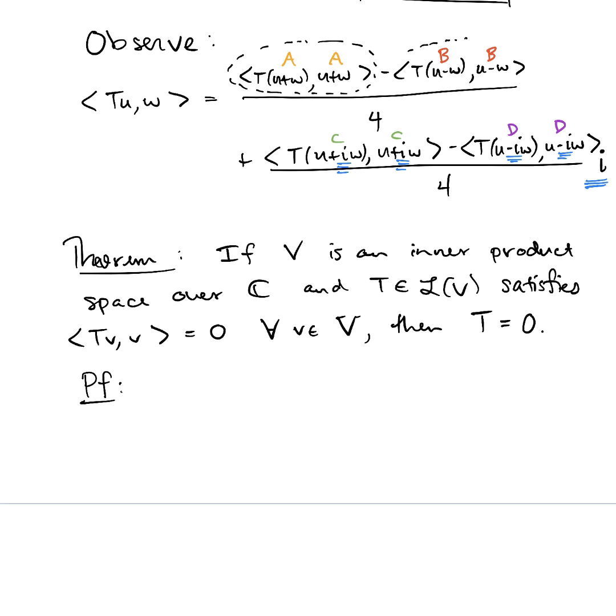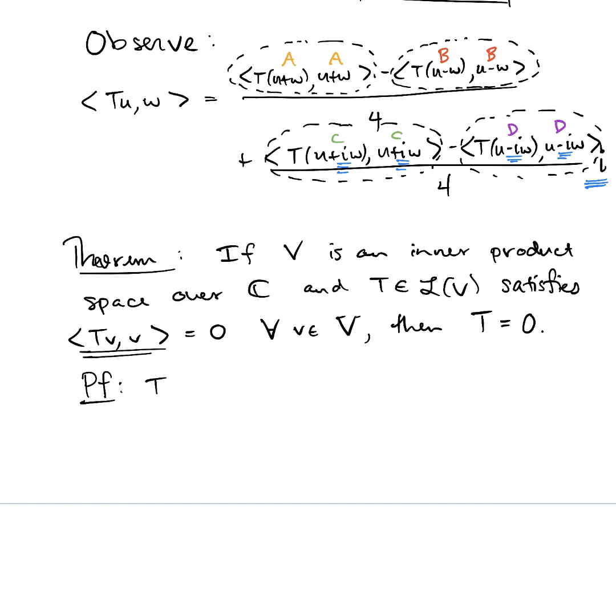And this would be 0, because it's T thing, comma thing. And this would be 0, T thing, comma thing. And even this would be 0, because it's T thing, comma thing. Well, the whole right-hand side would be 0 for any operator satisfying this.